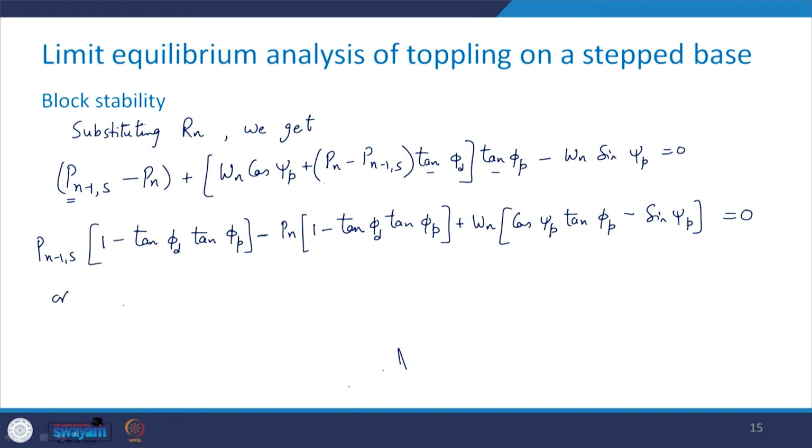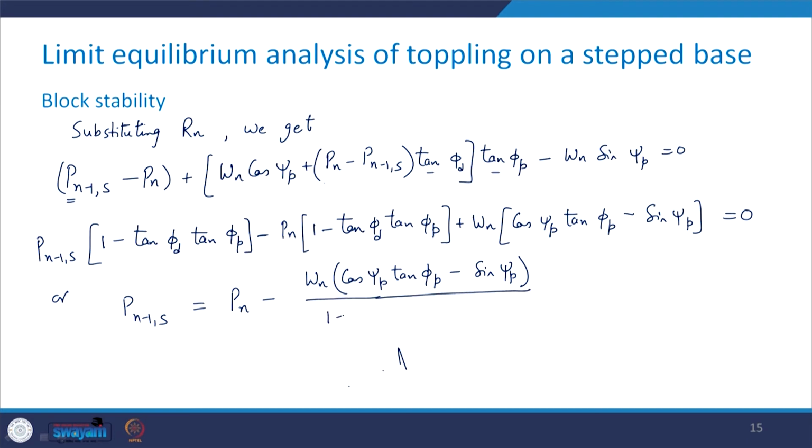Or we can write here as Pn minus 1 comma s is equal to Pn minus Wn cos psi p tan phi p minus sin psi p, divided by this term, that is 1 minus tan phi d tan phi p.